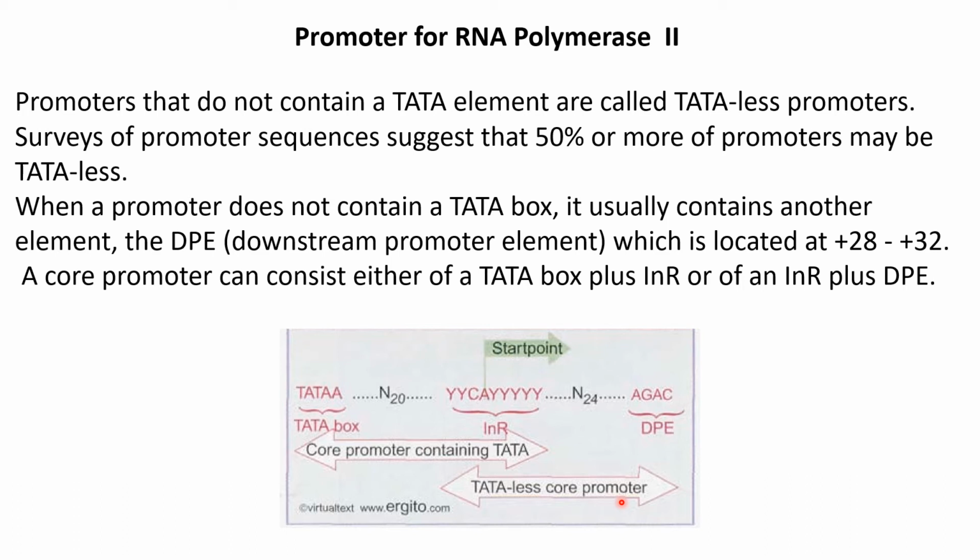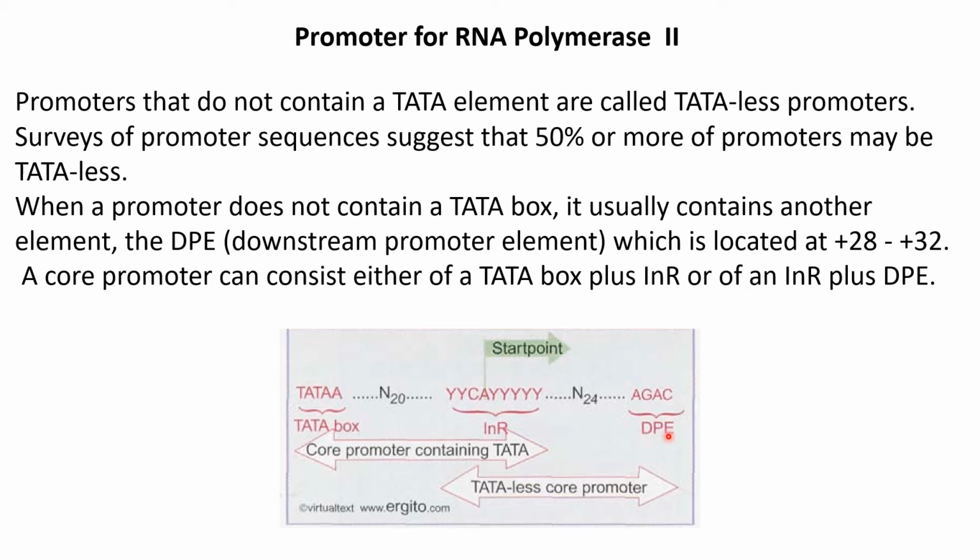When a promoter does not contain a Tata box, then it usually consists of another element, and that is known as the downstream promoter element, that is DPE, which is located at +28 to +32 site.